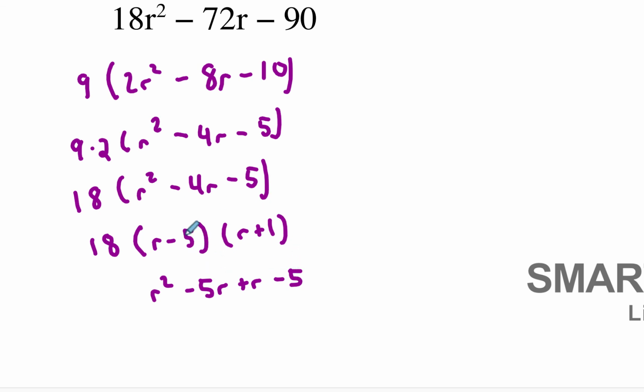It's the middle term that's always the most difficult, but negative 5 times r is negative 5r. r times 1 is 1r, and it's positive, so we combine those like terms, you get negative 4r. And the rest of that will still be here. And if you notice, that's what I had right here in this step. And if you multiply all that by 18, you would get back to this original expression.